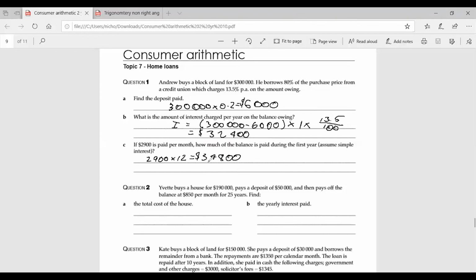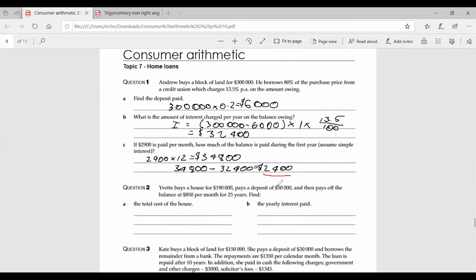So how much is left over of the payments that he's making after we take out the interest? So we minus. Yeah, 34,800 minus 32,400. And what do we get? 2,400. Perfect. So this is the amount that's paid of the original balance after the year, right?